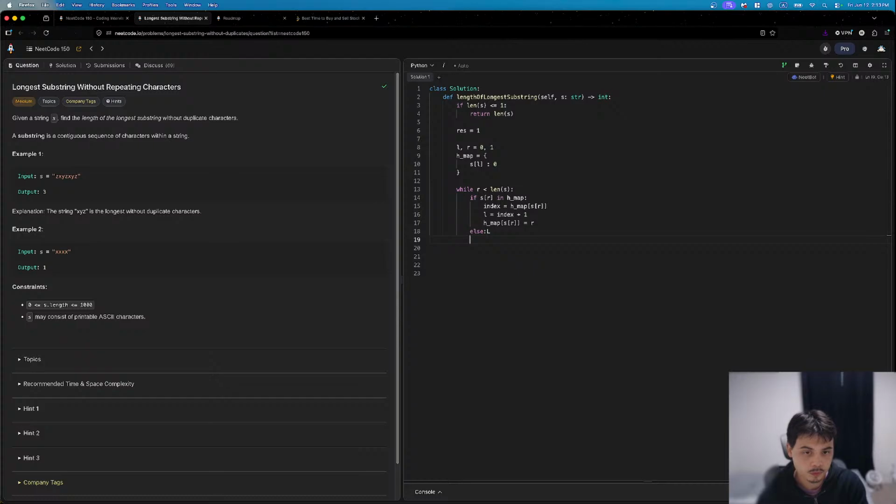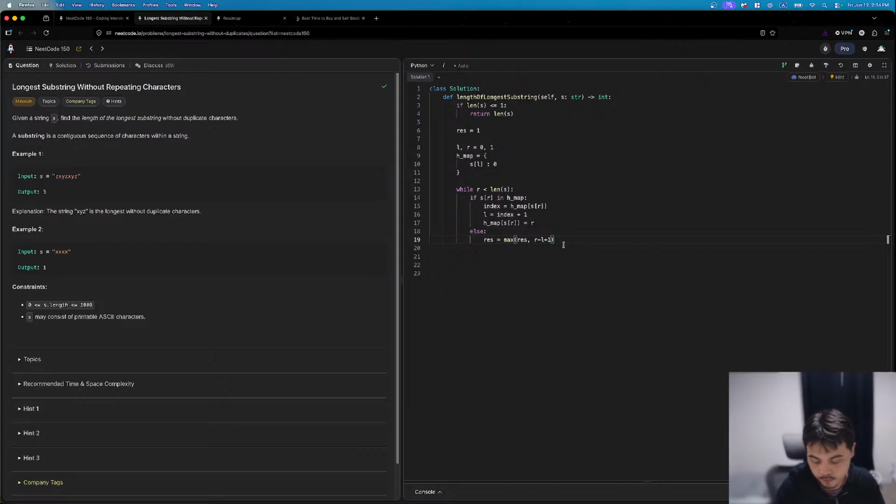Else, so we just do res is equal to max res, r minus L plus 1. What's that?